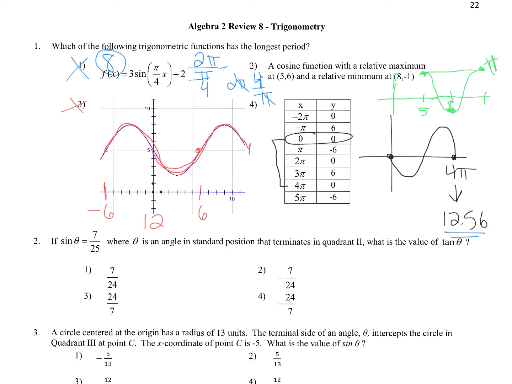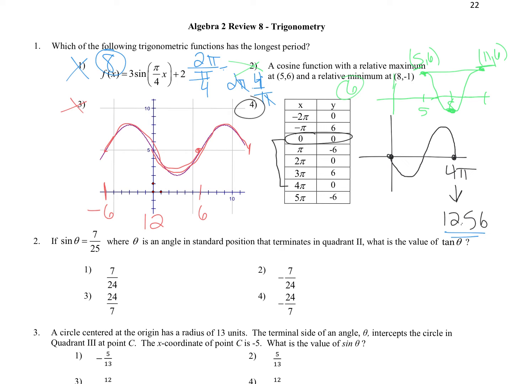It's pi, not an 11. Let's erase that. 11.6. So we're going from 5.6 to 11.6, so that has a period of 6. So still number 4, with the 12.56 period, is the one with the longest period.